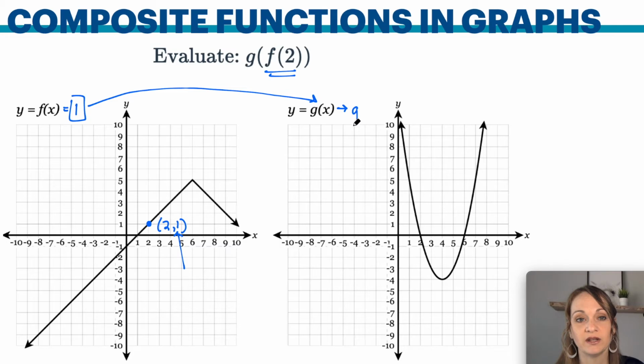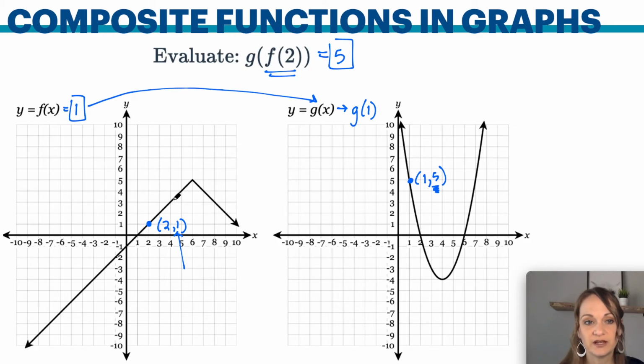So now I want to know what is g of 1. You go to 1 and find where it is on the graph, and this is the coordinate point (1, 5). So the output becomes 5. Again, you take the number and plug it into the first function. The answer that you get from that function becomes your new x.